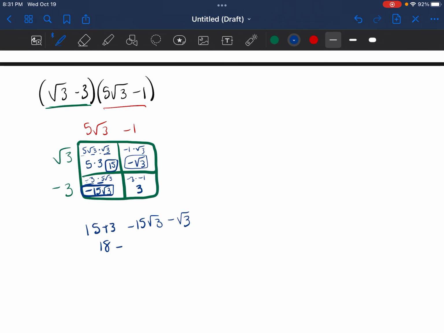Combine my like terms. So negative 15 and minus this invisible 1 right here is negative 16 root 3 as my result.